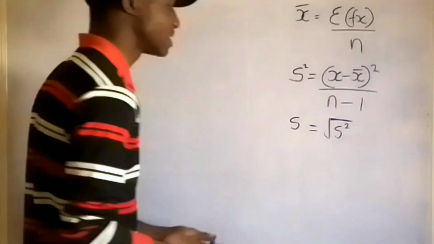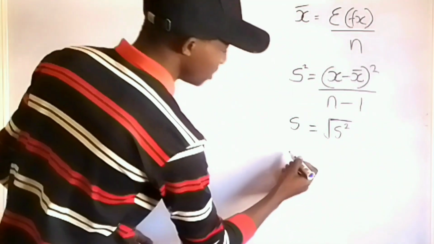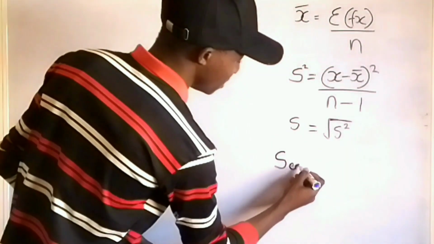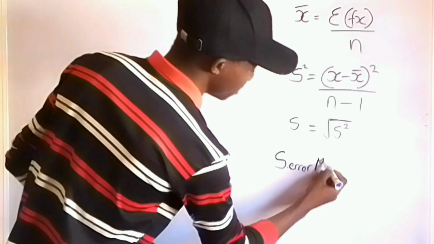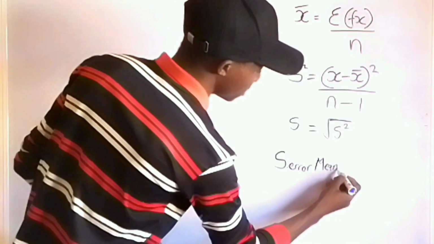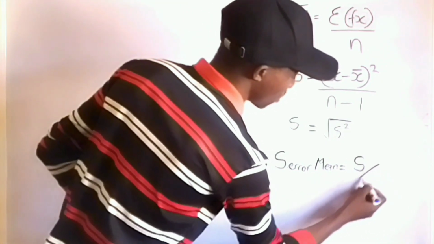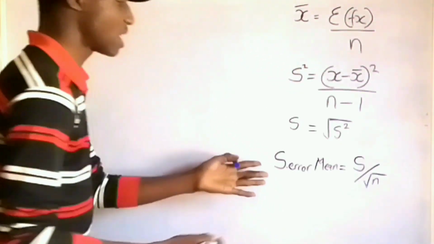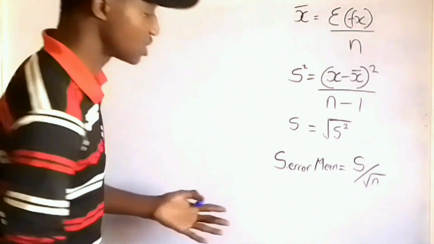So to get the standard error of mean, you can use this formula: standard error of mean is equal to the standard deviation all over the square root of n. And after knowing the standard error of mean, you can calculate the coefficient of variation by this formula.